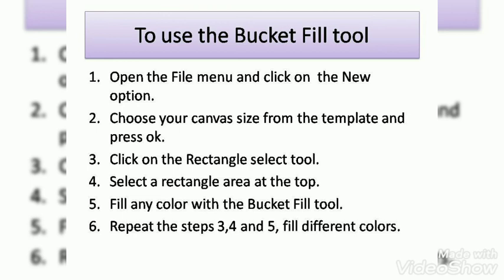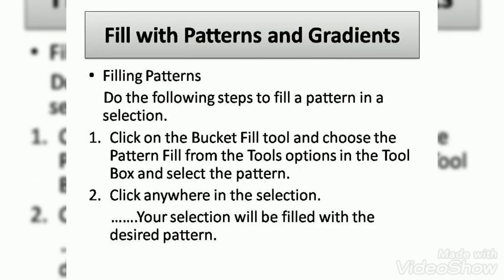Then we will click on the rectangle select tool. You remember the first one I told you, the rectangle select tool. I have selected one rectangle on my screen. Like this I will select many rectangles. Now these lines will appear. 1, 2, 3, 4, four rectangles I have made. After selecting the rectangles, click on any one rectangle and then click on the bucket fill tool.